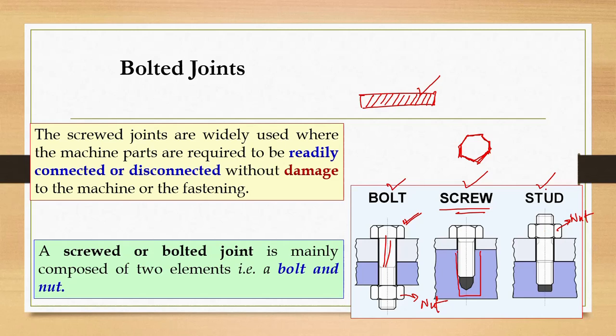A stud is generally used where you require your desired length. Like if you go to a market and want to buy a bolt, bolts are generally available in standard sizes.